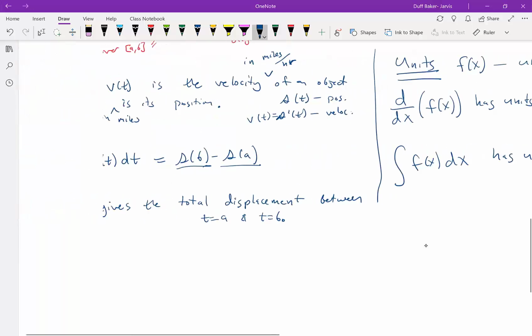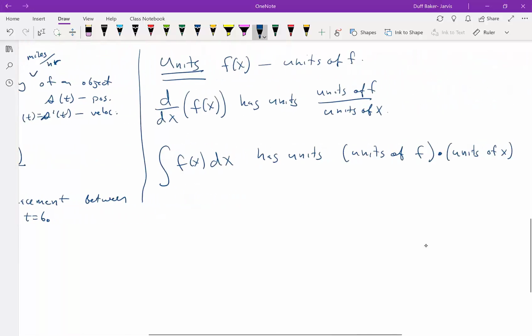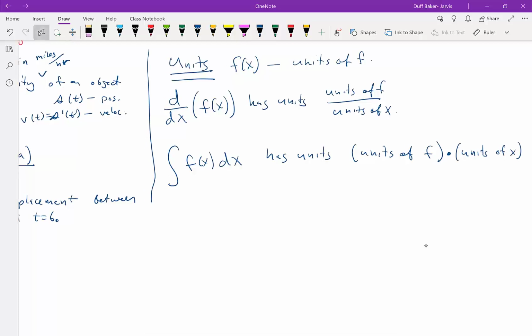If you think about our example, when we took an integral of a velocity, that was distance per time. When we integrated that, it went to just distance, right? That's basically the same as multiplying by the units of time. Distance over time times time is just distance.